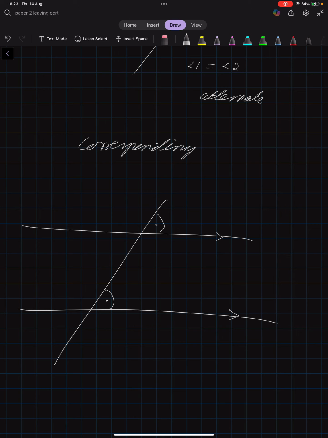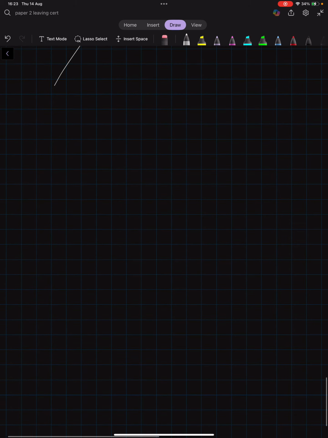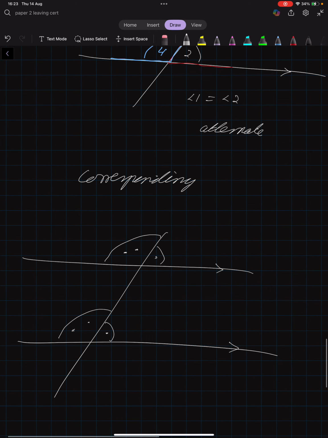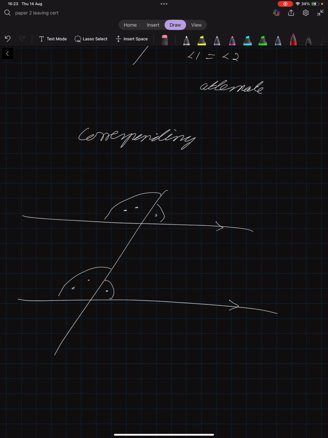Okay? The same with this one. This one will be the same as this one. And also this is kind of like an F shape, which sometimes helps to think about it, that you're getting an F out of it, okay?